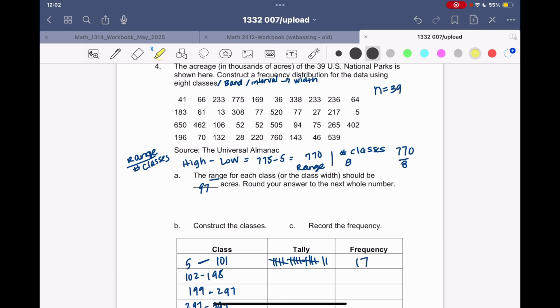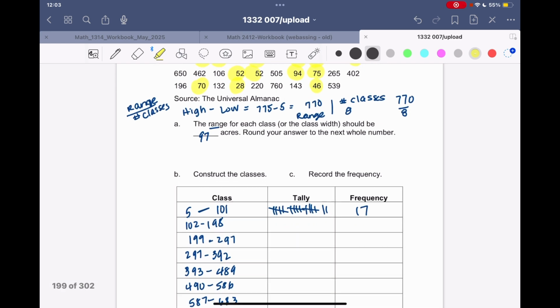So in 5 through 101, it's going to be 1, 2, 3, 4, 5, 6, 7, 8, 9, 10, 11, 12, 13, 14, 15, 16, 17. That's 17 right there. And then we just kind of keep on going.